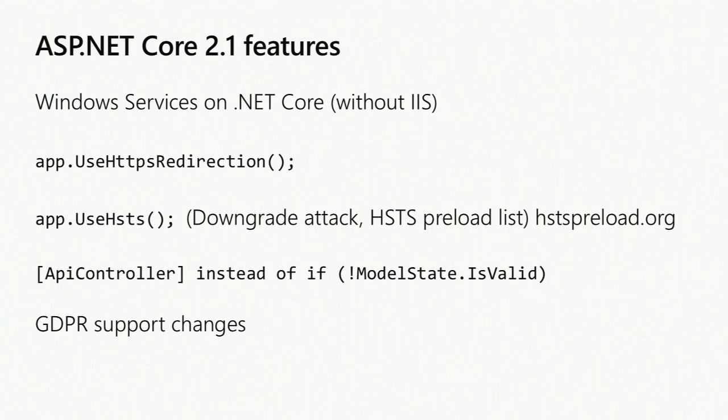So some features of ASP.NET Core which I like, maybe it's my own personal choice. We can create Windows services starting with 2.1. And we can use HTTPS redirection. It helps against a downgrade attack. A downgrade attack is when the user visits the HTTPS version of a website, and then is moved to the HTTP version of the website.